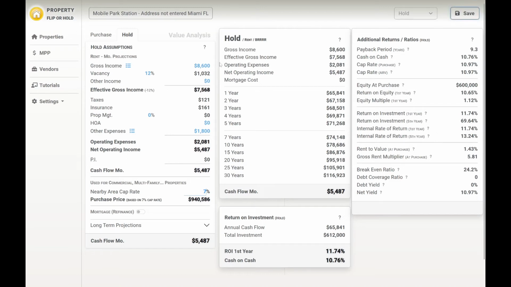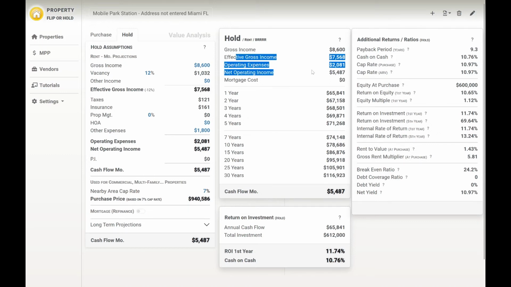So as we take a look at these items, we can see that we have a gross income of $8,500, vacancy of $1,032. Our effective gross income is $7,468. And again, you can also look at these items on this other side here. Our taxes and insurance per month, other expenses.